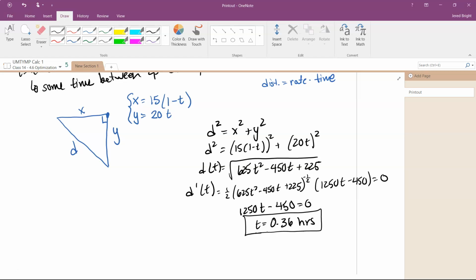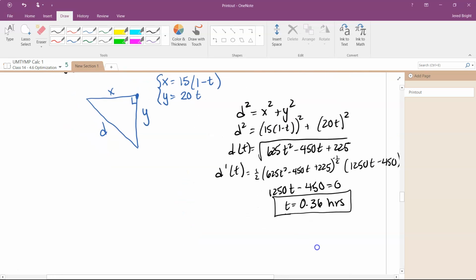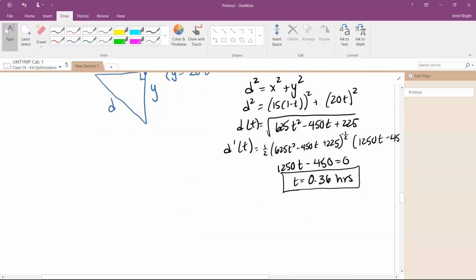This one, I'm going to pick the first derivative test only because the second derivative is incredibly nasty, and working through the algebra there is going to probably be the death of me. So instead I'm going to make a little sign chart for d prime and d, and I know that t is on the interval 0 to 1, non-inclusive, and I have my critical number of 0.36.